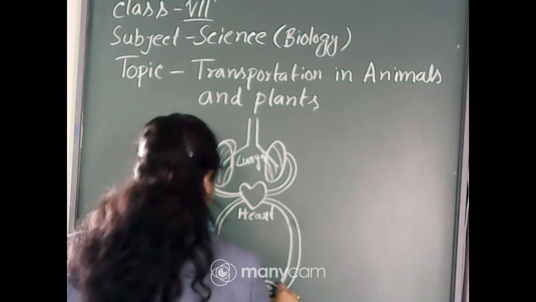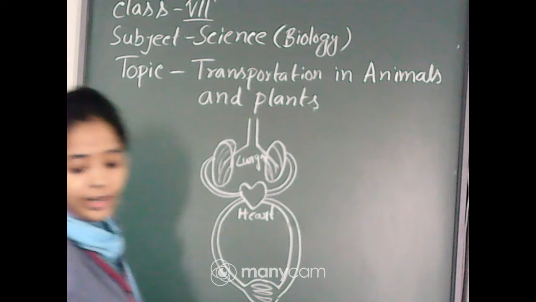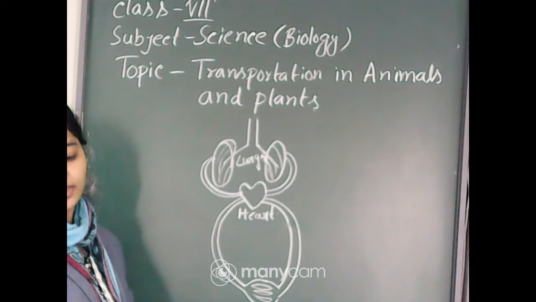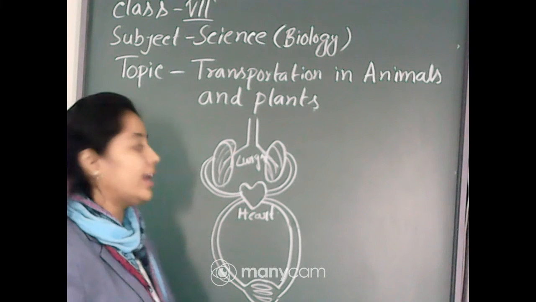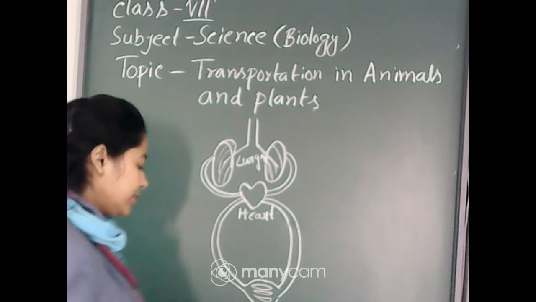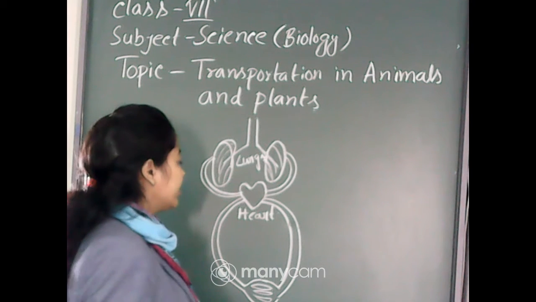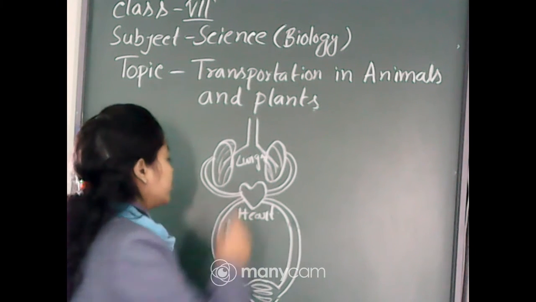Now I have drawn the pulmonary circuit. This is a network of arteries and veins connecting the heart and lungs. Now I will indicate which blood vessel is in which portion.